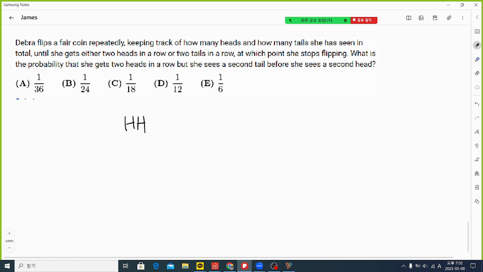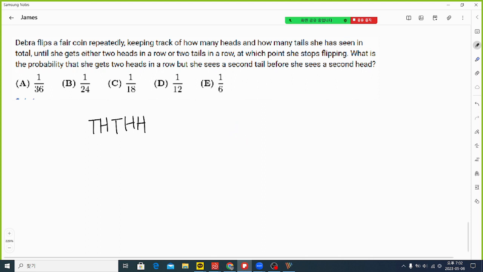And before that, she sees a second tail. So that means right before 2 heads, she should see tail. And then first head and second tail. So this is the last 5 outcome that she has.